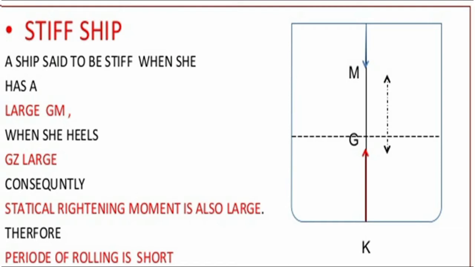So this is simple to memorize, because when we say stiff, we have the letter S here, and when we say the effect of a stiff ship to its rolling period is short, then you have also S in the word short. Okay, so S and S, stiff, short rolling period.